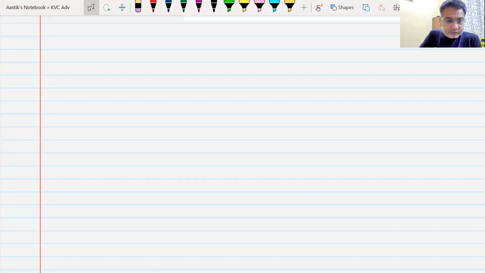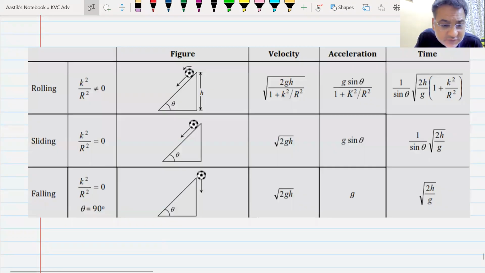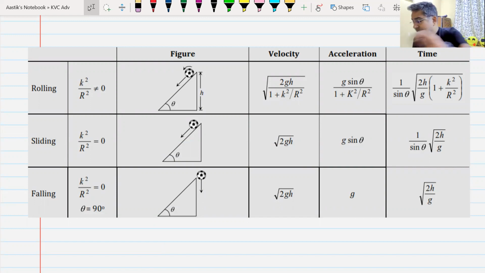So, this is again a recap of what we have studied till now, right from the first class, from Newton's laws of motion till here, in one column. If the body is coming under pure rolling, what is the velocity, what is the acceleration, and what is the time.